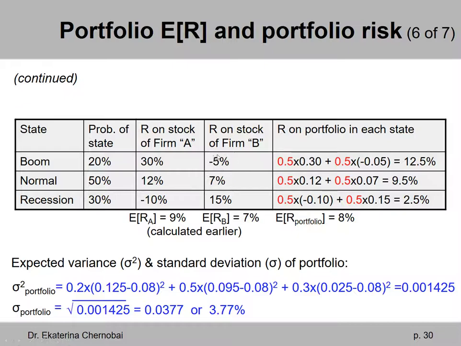We can lose 5%. Every now and then, there's a 20% chance of losing 5%, like 1 in 5 years, if the boom year occurs. Now, my third question is, can you lose money if you buy both A and B? Well, let's look at the portfolio returns. 12.5%, 9.5%, 2.5%. No, we can never lose money. That's great, right?